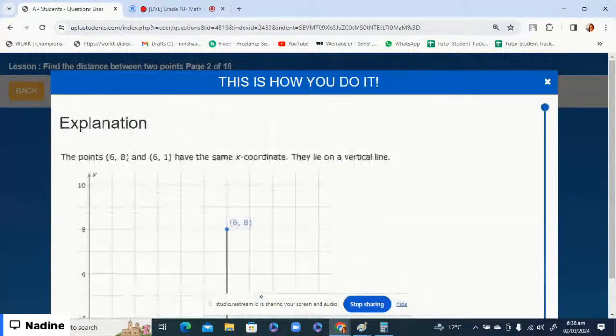The points 6 and 6 have the same coordinates, so they lie on the vertical line.